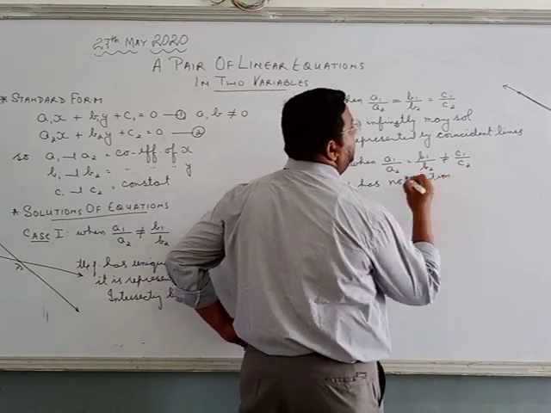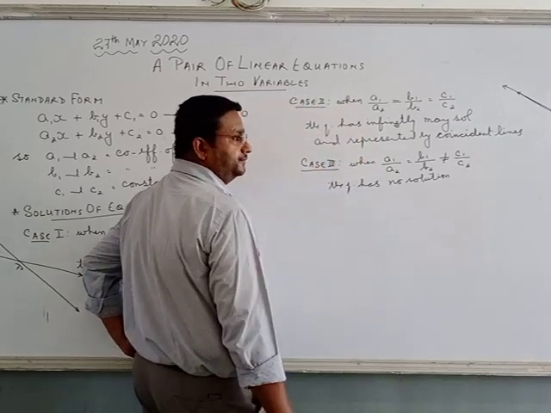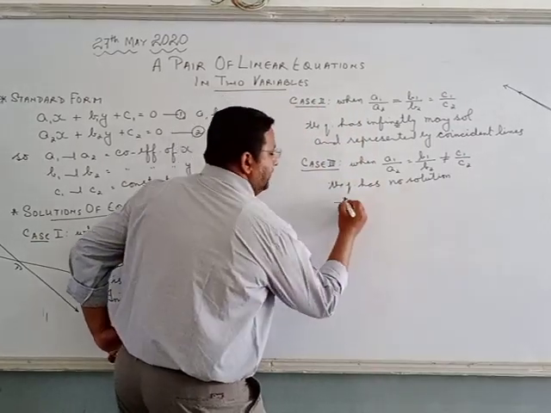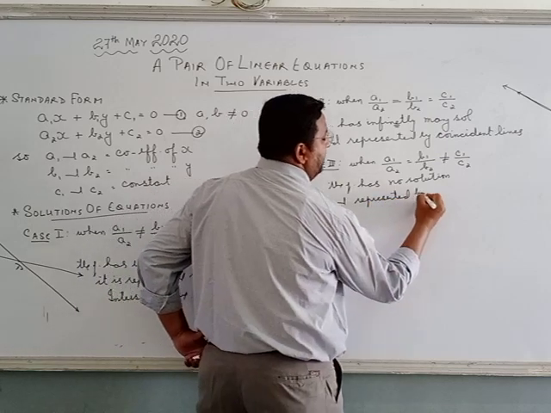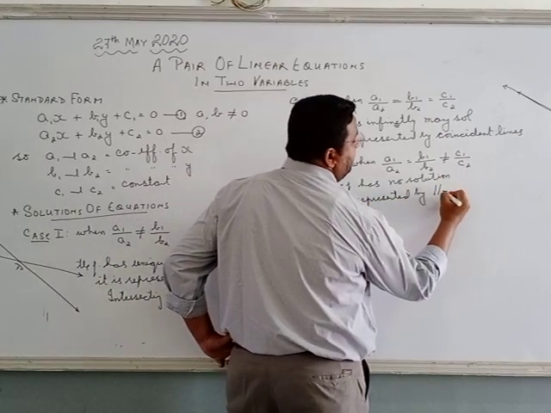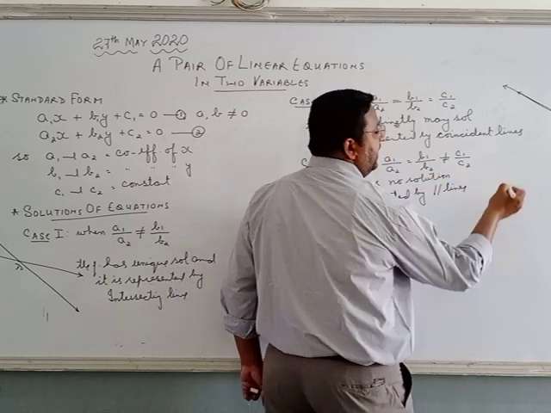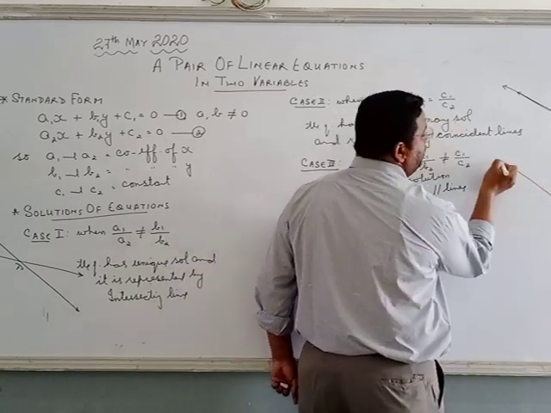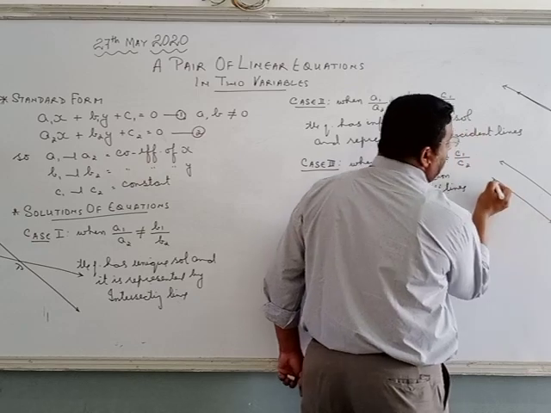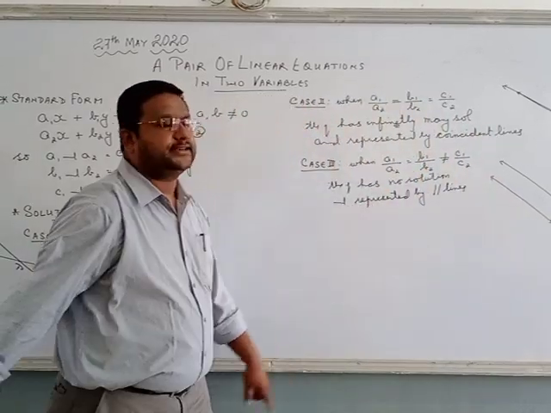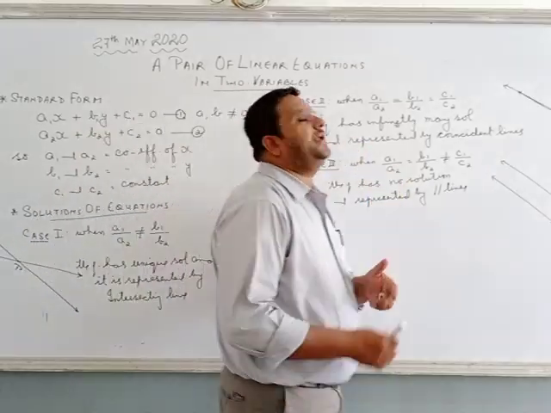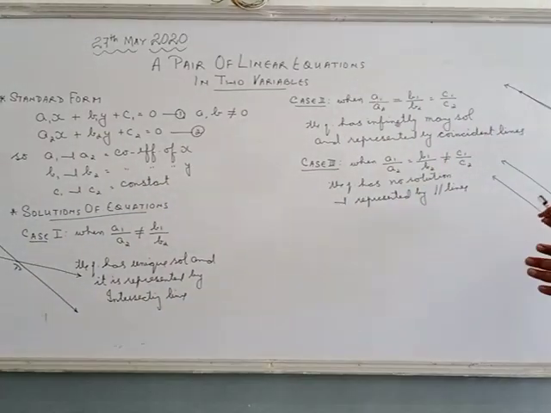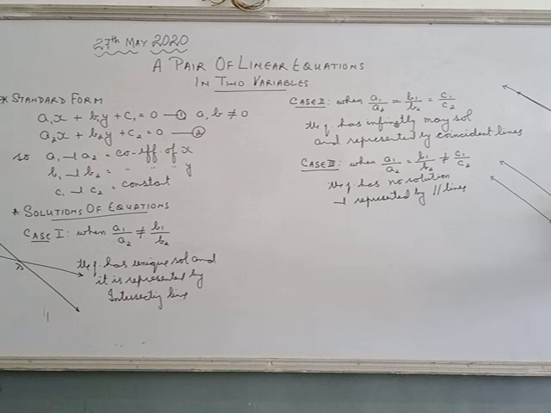We won't be able to solve this equation, and it is represented by parallel lines. The lines will be mutually parallel to each other. Parallel lines, as we know, never intersect each other, so it has no solution. These are the three cases which we will be studying and applying.